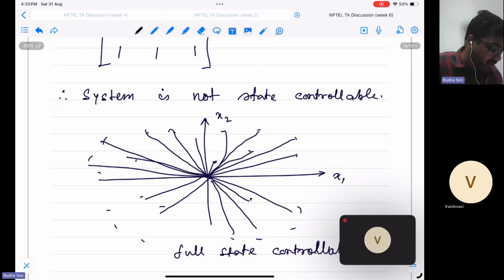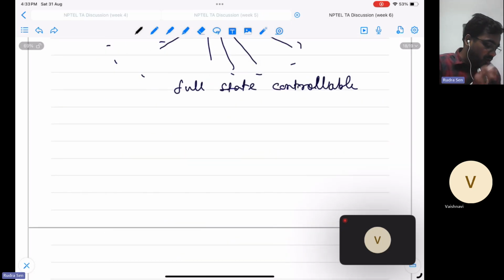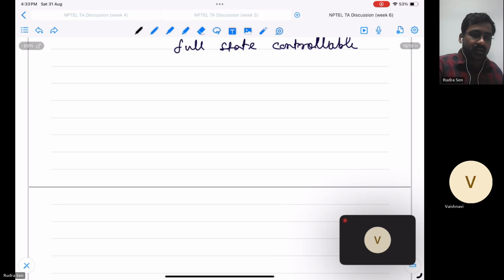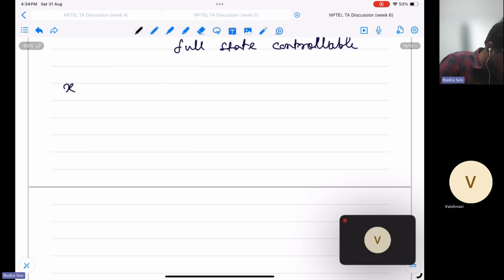What you have asked is that the system is not state controllable, right? But let's see whether we can still go to the state or not. The reachable state is 3, 2, 2.